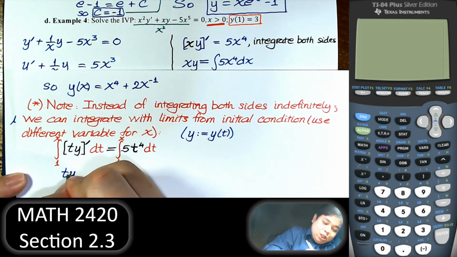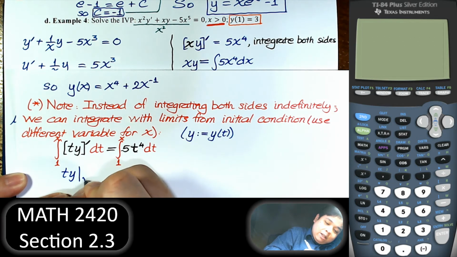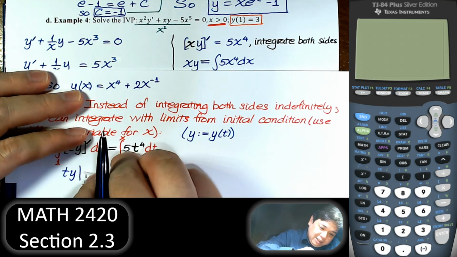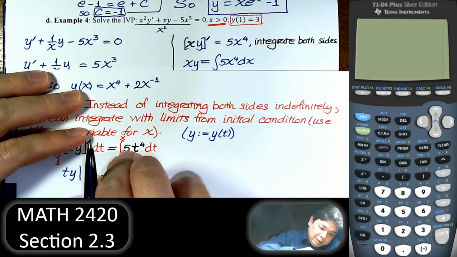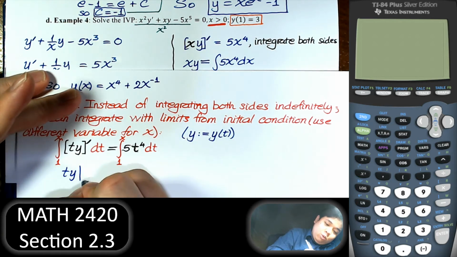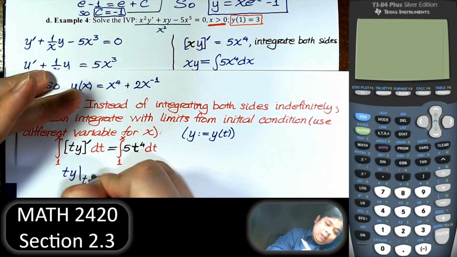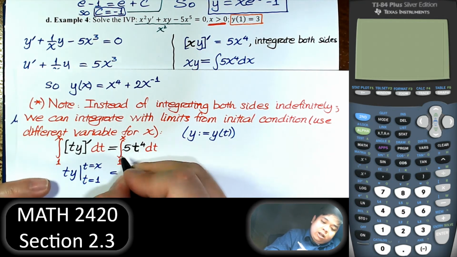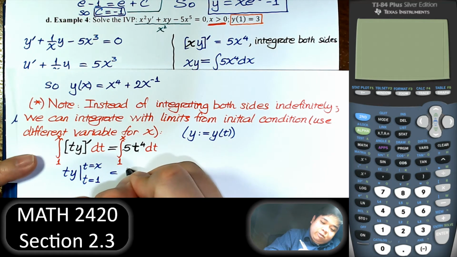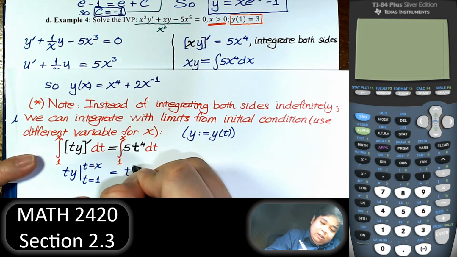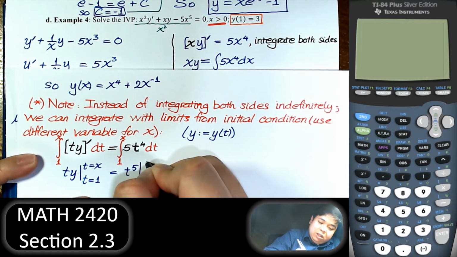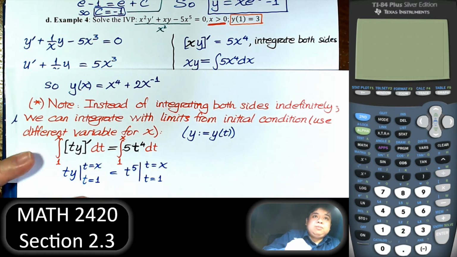Right, so we evaluate from t equal to 1 to t equal to x, and the integral of this one is t to the fifth, where t equal to 1 or t equal to x.